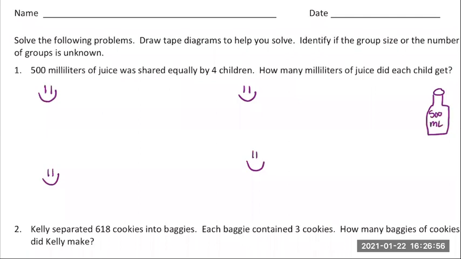Okay, so we want to give juice to each kid. So a great way to start out is by just dealing it out, right? We can start by giving each kid 100 milliliters of juice.